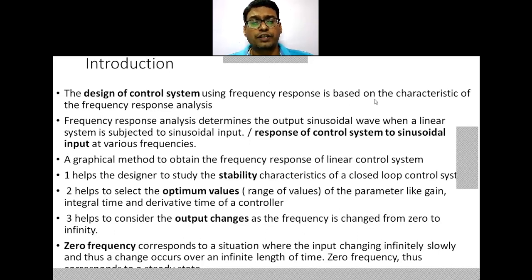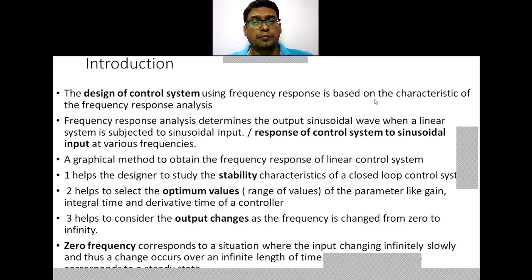So whatever the input is, we study the response of the control system to the sinusoidal input at various frequencies. This frequency response analysis determines the output sinusoidal wave when a linear system is subjected to a sinusoidal input, and we have to analyze its characteristics.